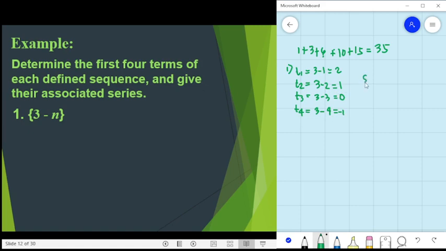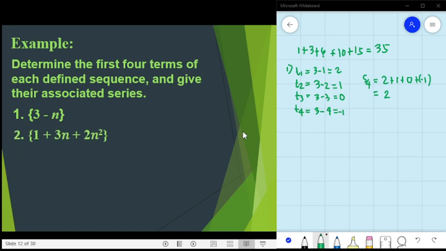So finding the series, the sum of 4 terms is equal to 2 plus 1 plus 0 plus negative 1. So the sum therefore is equal to positive 2.